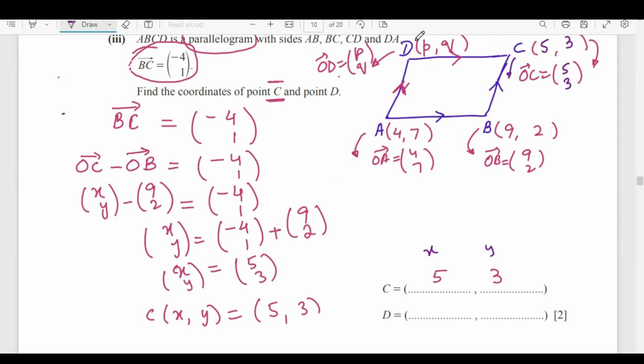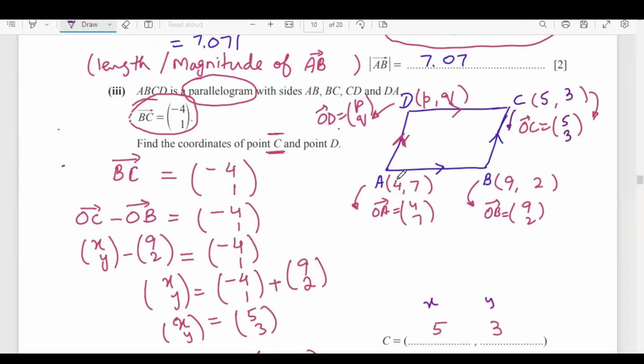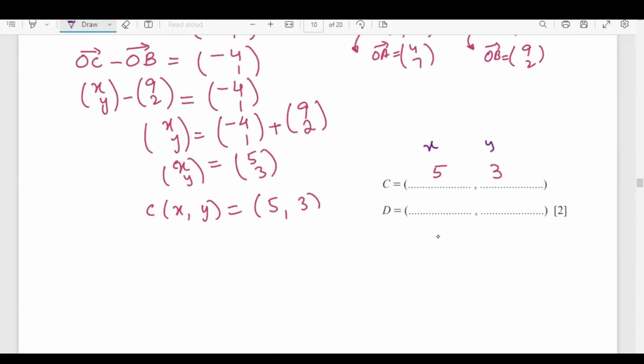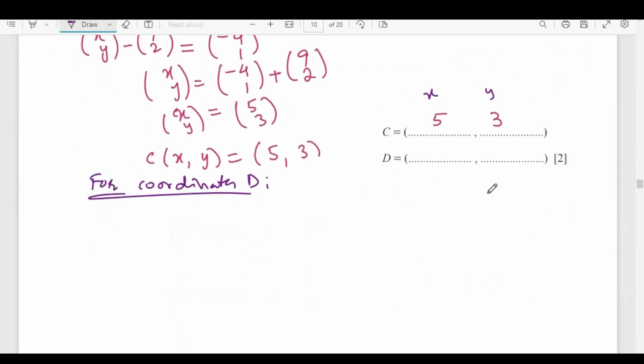Now to find the point D, we can use the equation AB equals DC, or you can use the equation AD equals BC, because the opposite sides are equal in the parallelogram. I'm using the equation AB equals DC.